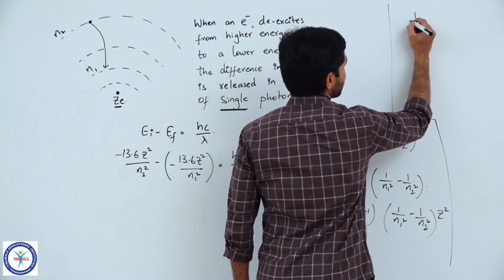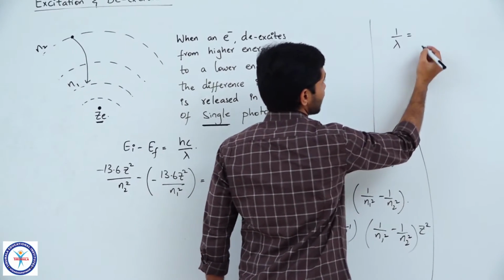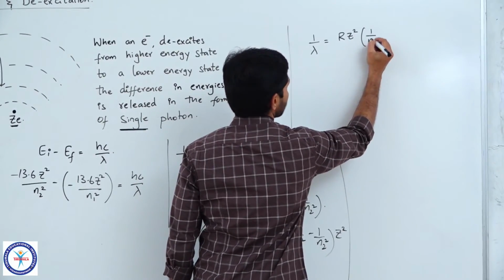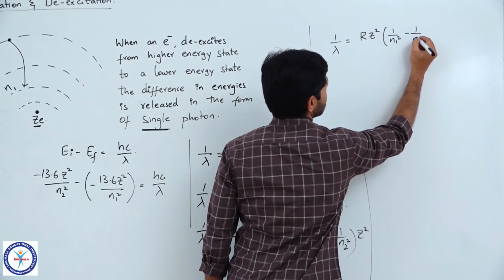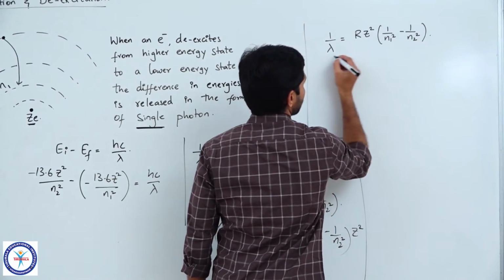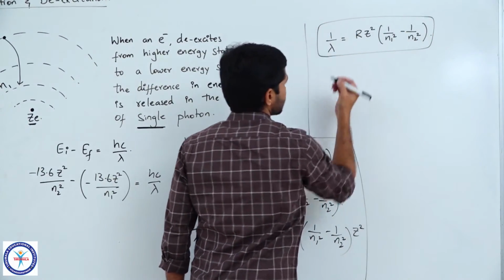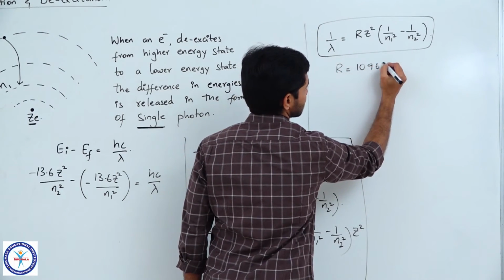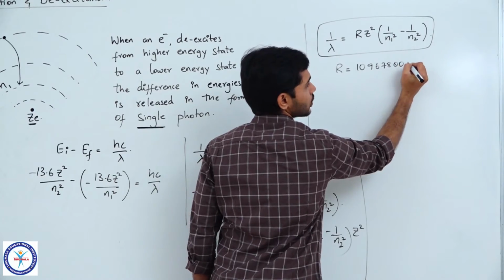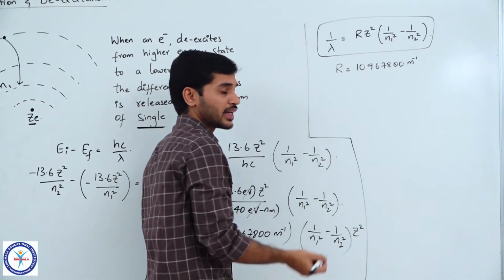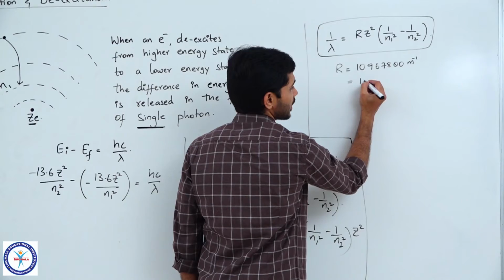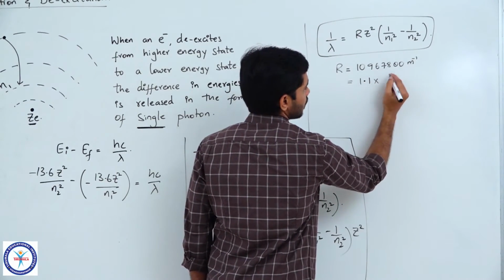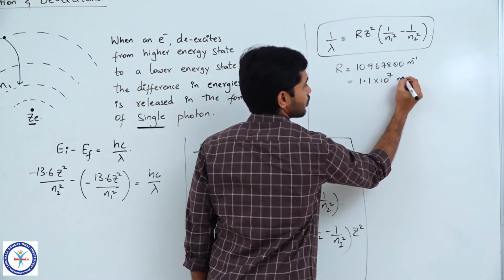So the final expression which I would be getting is 1 by lambda is equal to R Z square into 1 by n1 square minus 1 by n2 square, where the value of R is 10967800 meter inverse, or if you want to write it approximately, you can write it as 1.1 into 10 power 7 meter inverse.